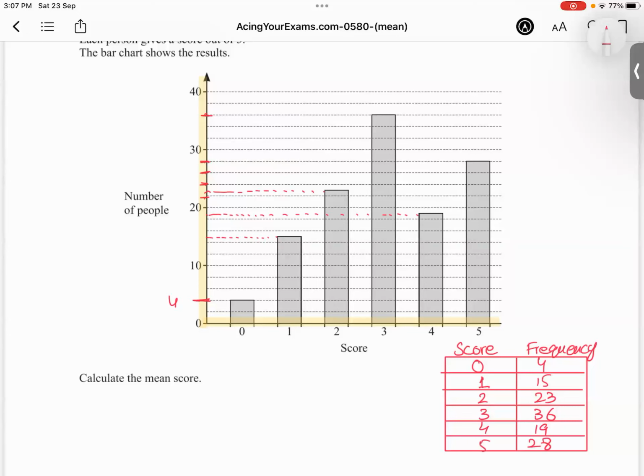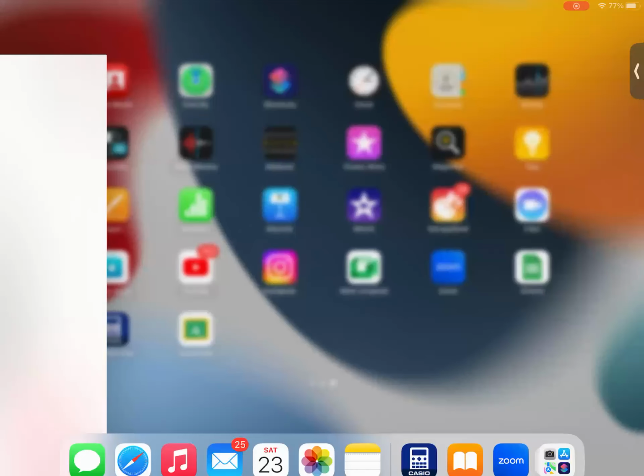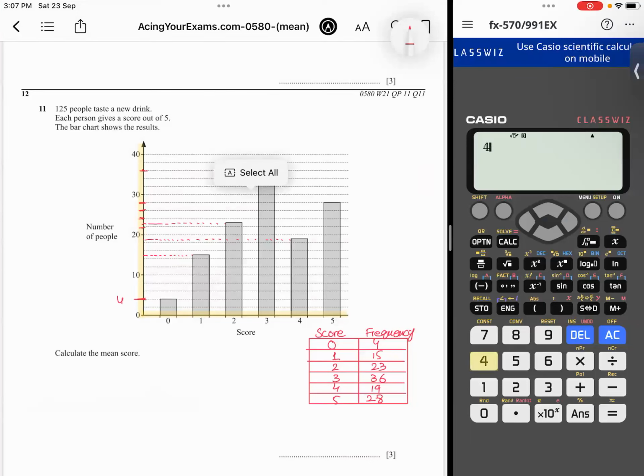Let's add this table's frequencies, because if the result is 125, then our calculation is right. These graphs will give you a lot of help, because understanding the table is difficult, but understanding the data in this form, 19 plus 28. So the answer is 125.